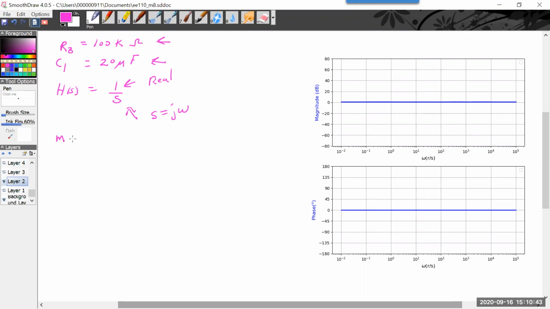So for the magnitude, we have the magnitude of the numerator divided by the magnitude of the denominator. This is all real, there's no imaginary. And in the denominator, it's all an imaginary component. So we have 1 over omega.